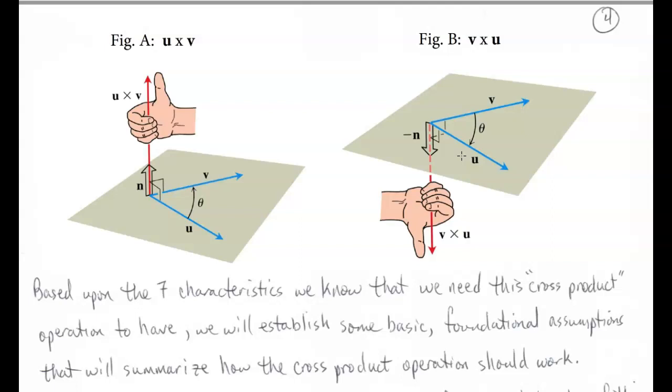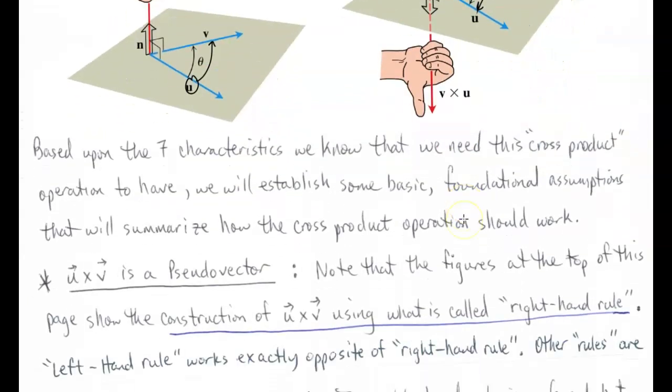Notice that here when u acts on v, the direction of the u cross v vector goes up according to the right hand rule. But when v acts on u, the direction of the cross product vector goes down according to the right hand rule convention. So we want to make sure that we're aware of that.